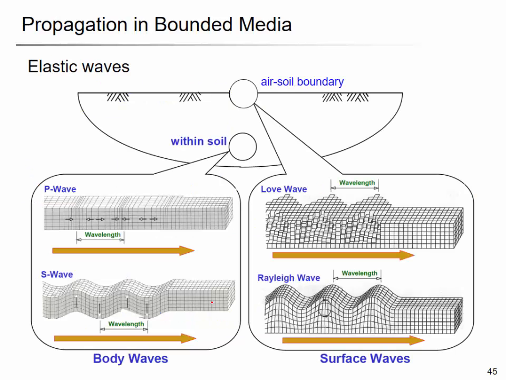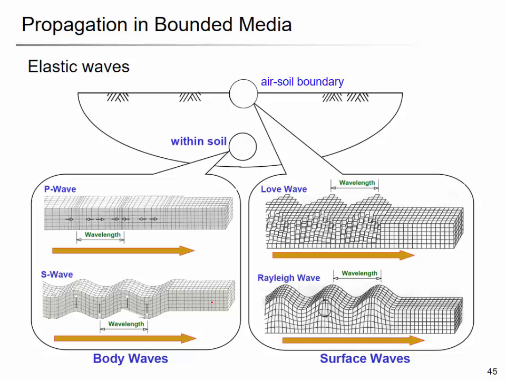So you have the body waves, the P and S waves, primary and secondary waves, within the soil or within the rock, and you have the Rayleigh wave at the surface, the air-soil boundary.